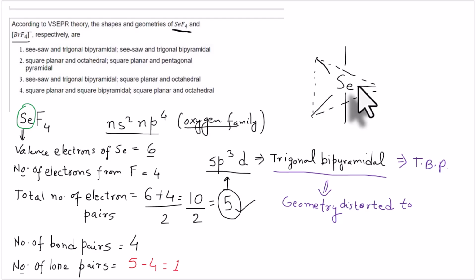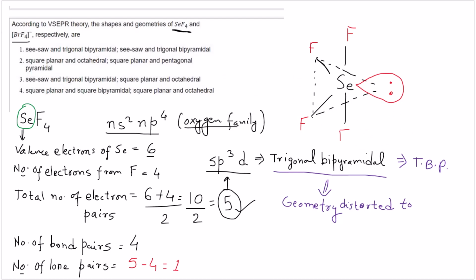So if the geometry gets distorted, then what should be the arrangement of the atoms? We have 4 fluorine, so we place them like this, following the TBP geometry, and the lone pair is placed equatorially, something like this. So we place the lone pair equatorially.